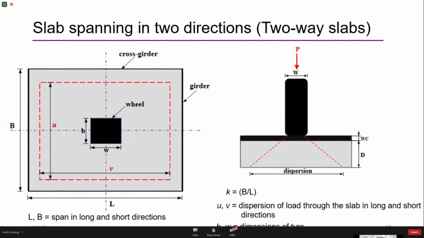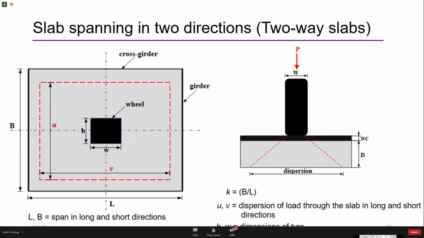Now, when the wheel is placed centrally on this slab, I've just changed the notations here. Earlier I had used uppercase B; now I'm using lowercase b just to distinguish it from this B. Here, b and w are the dimensions of the tire, or the contact length of the wheel on the deck slab. I've just taken a cross section along the center of this wheel.